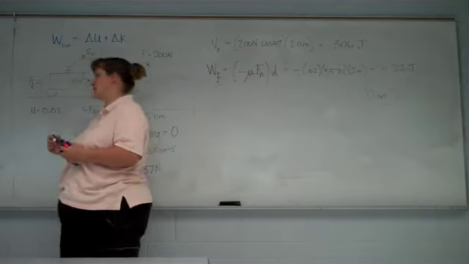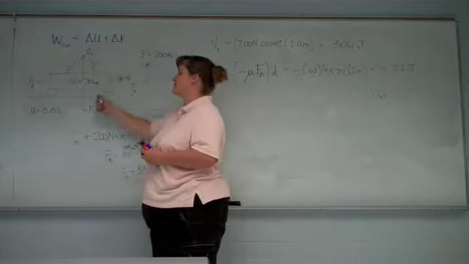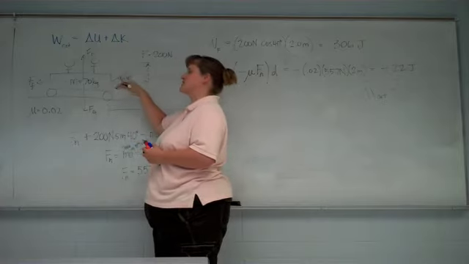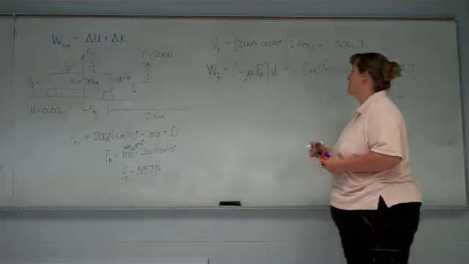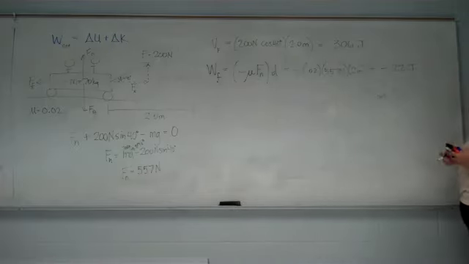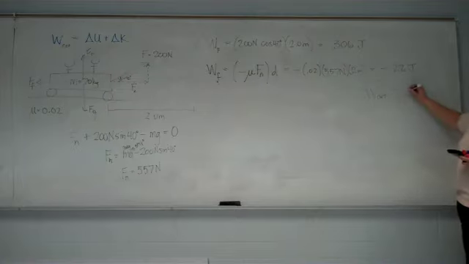Correct. The only time the normal force equals the force of gravity is if there are no other y components of forces. Exactly. So our net work, let's see, is 284 joules.